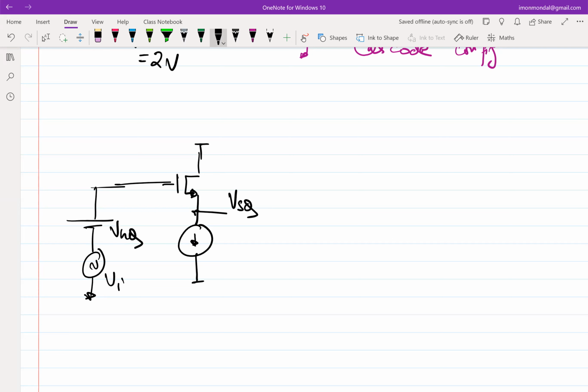If I apply an incremental input Vi to the gate, what do you expect the source voltage to be incrementally? Something will change in the source, right? So what will change, or how much will the source voltage change by?